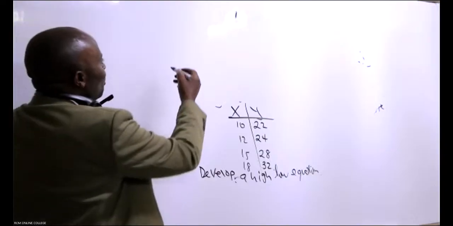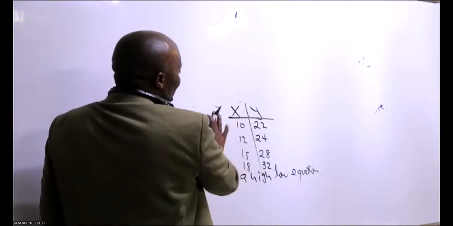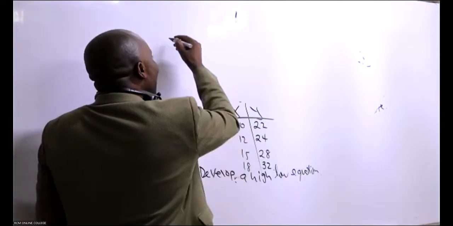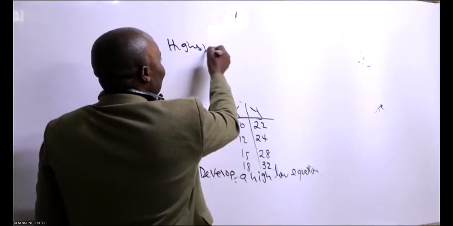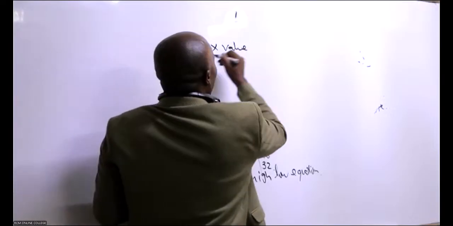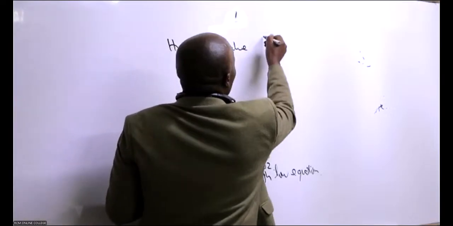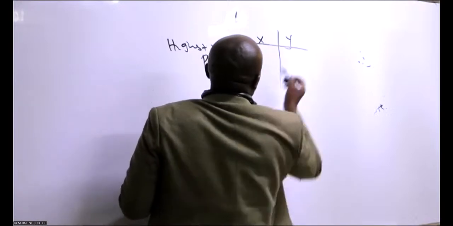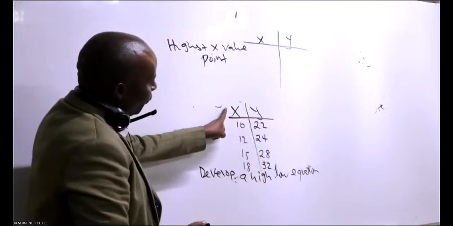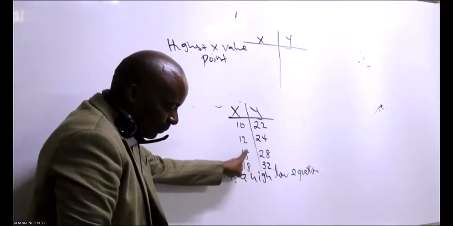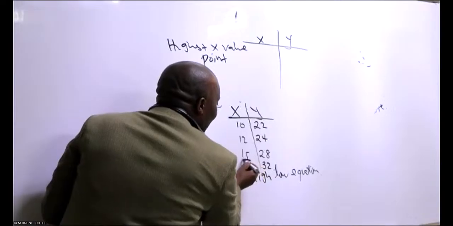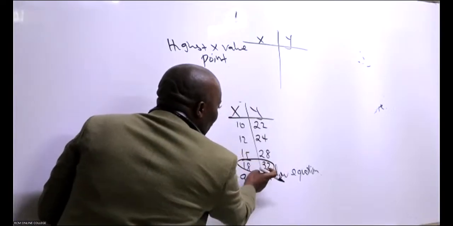It's just perception. So now, this high-low method, what do we do? We select the highest x value point. We have x versus y. When you look at x values, which one is the very highest? 18. You don't pick 18 alone; you pick it together with the y coordinate.